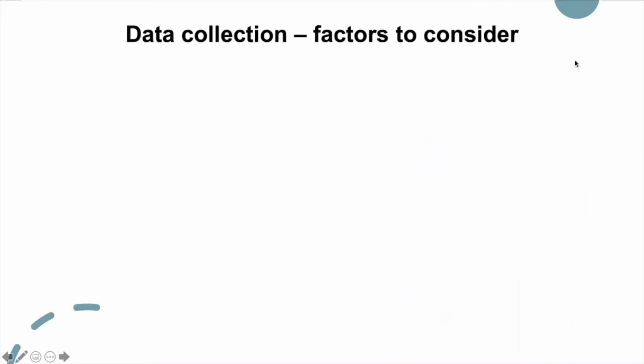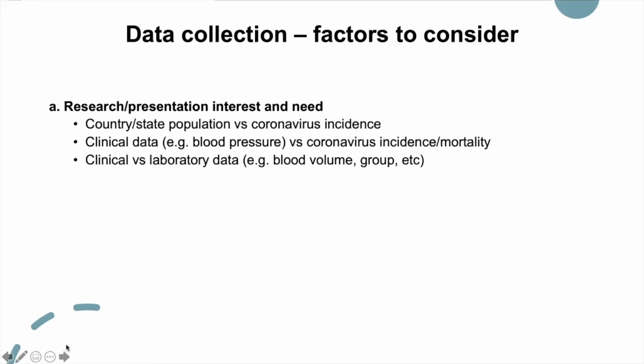All right, so I just want to hit on some very critical factors that I think a lot of students falter on, but it's very important. Number one, data collection, a key factor you need to consider is need. So we don't collect data at random. As a student, you have a particular timeline, you want to finish your project and you want to leave.